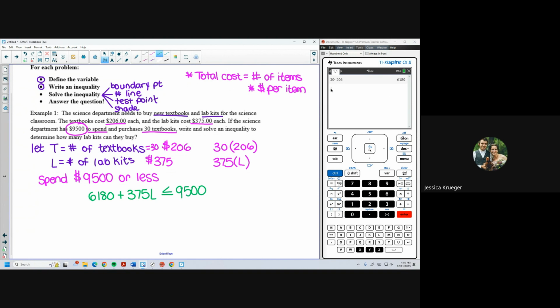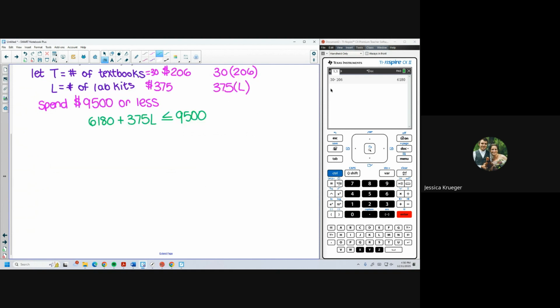So I defined my variables. I wrote an inequality, and now I'm going to go ahead and solve it. So I'm going to start by figuring out what my boundary point is. So how many lab kits can I buy so that I spend exactly $9,500? So remember, we want to get our terms with variables on one side and any numbers without variables on the other.